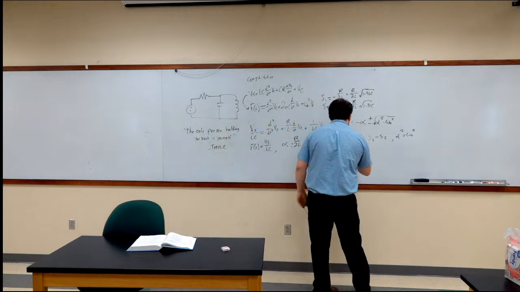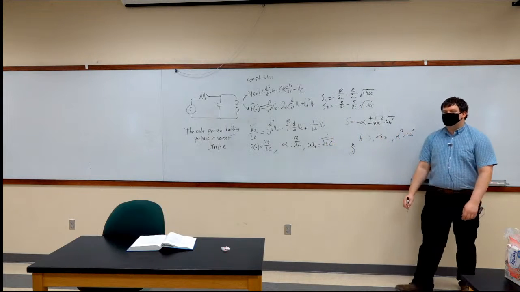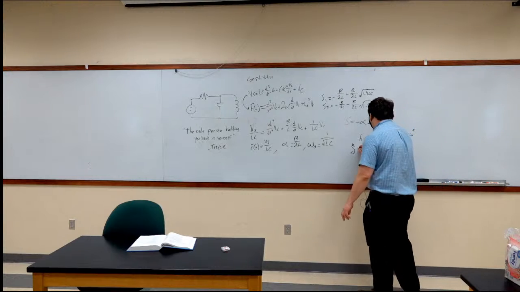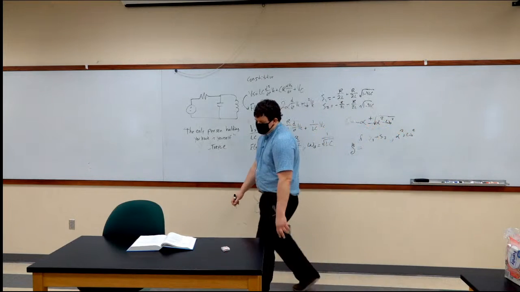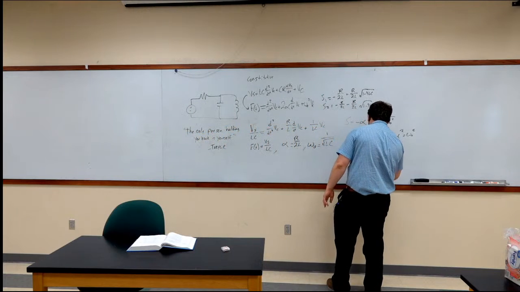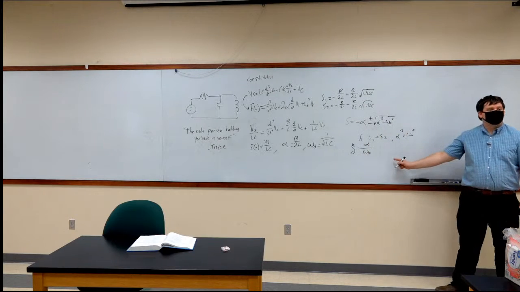And this is zeta. It's probably the least fun Greek letter to draw. Zeta is your damping ratio, and zeta is equal to alpha divided by omega naught. This is the ratio of alpha to omega naught.